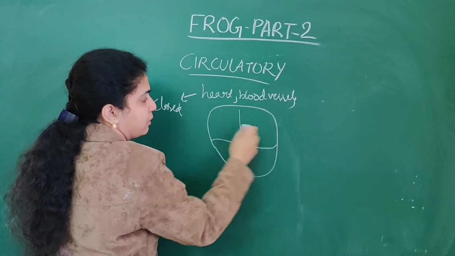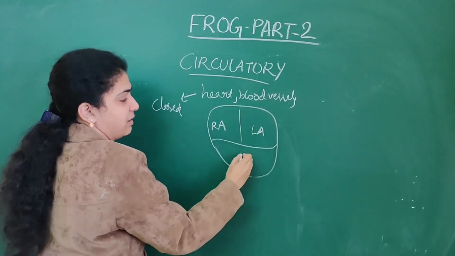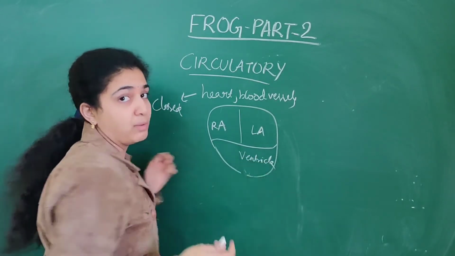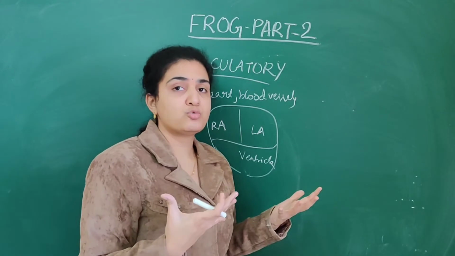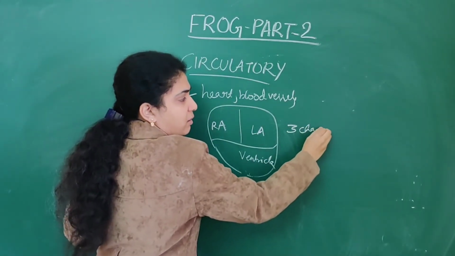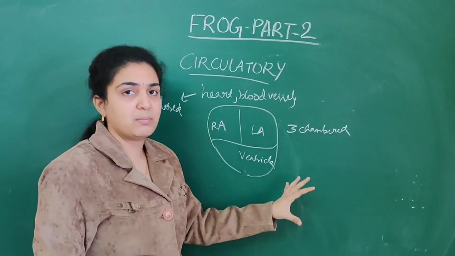That is, two atria are present, the right atrium as well as the left atrium, and only one ventricle. In humans, there are two ventricles. So the frog has a three-chambered heart.